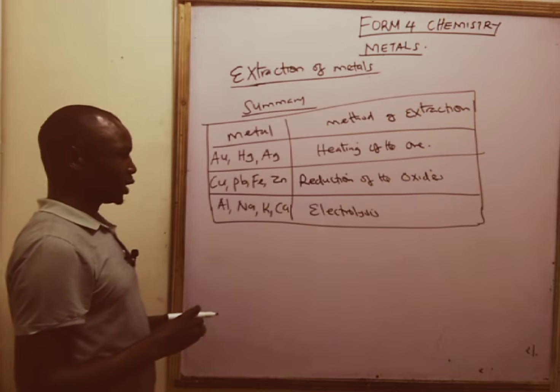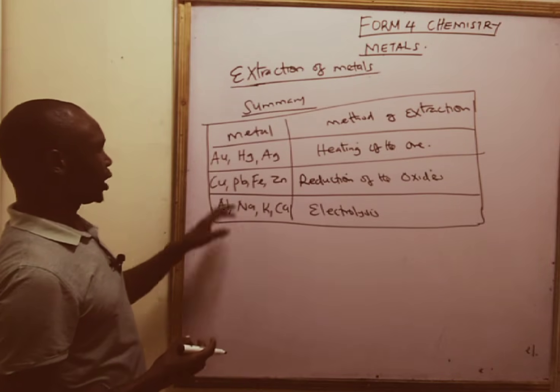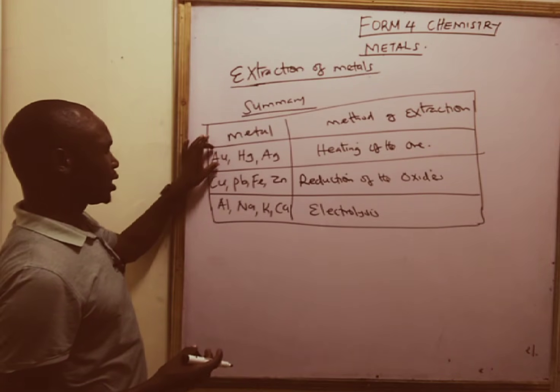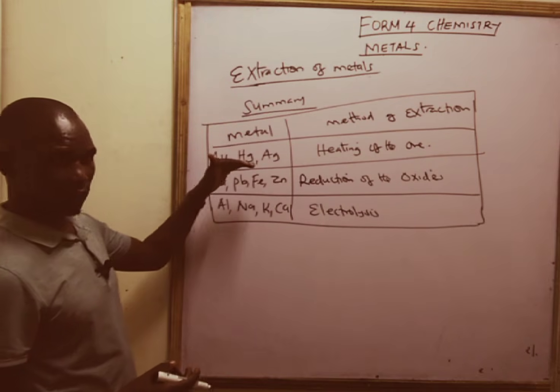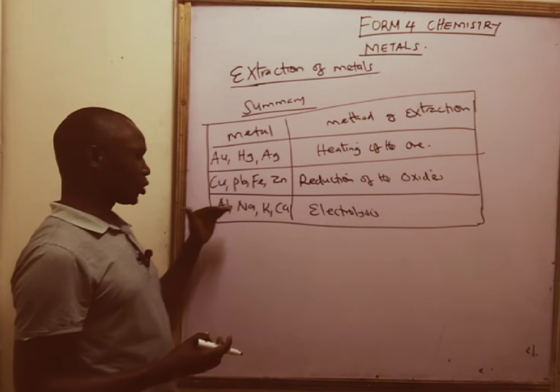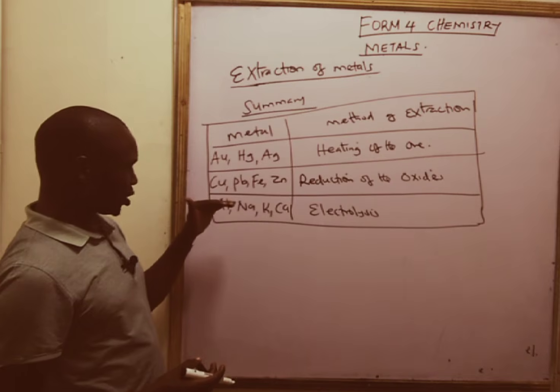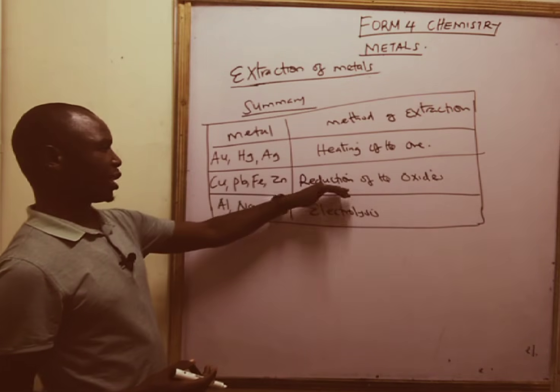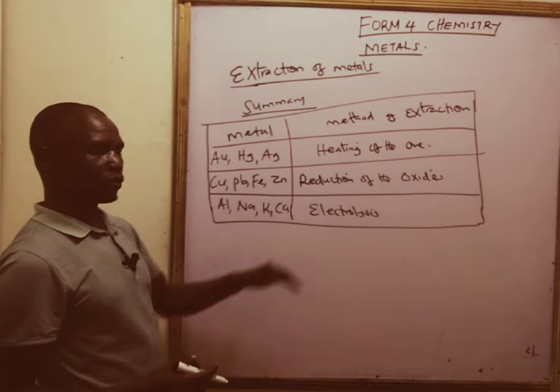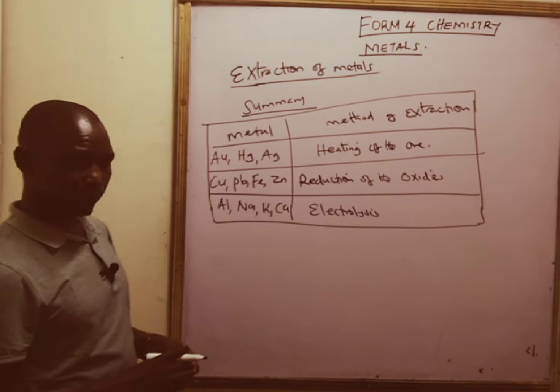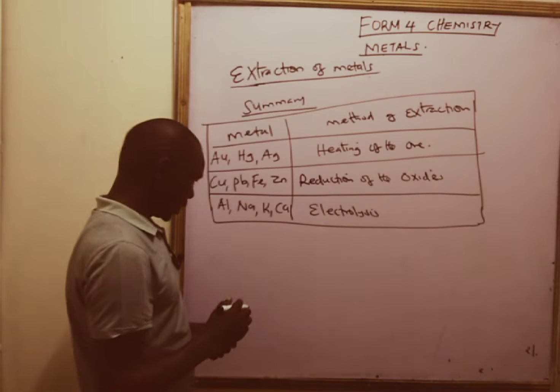So these are the methods that we are going to employ to extract these particular elements, though we are not going to consider the elements that are lower in the reactivity series. We are only going to consider the metals which are extracted by the reduction method and those which are extracted using electrolysis.